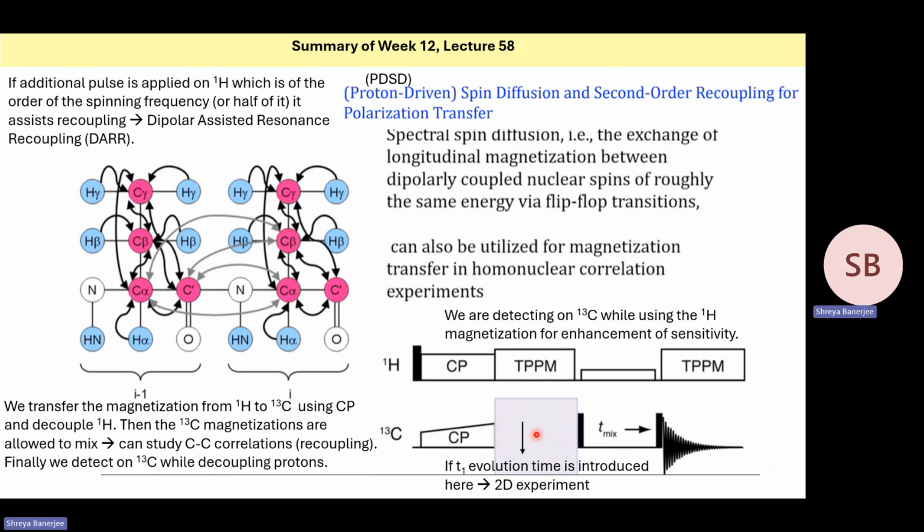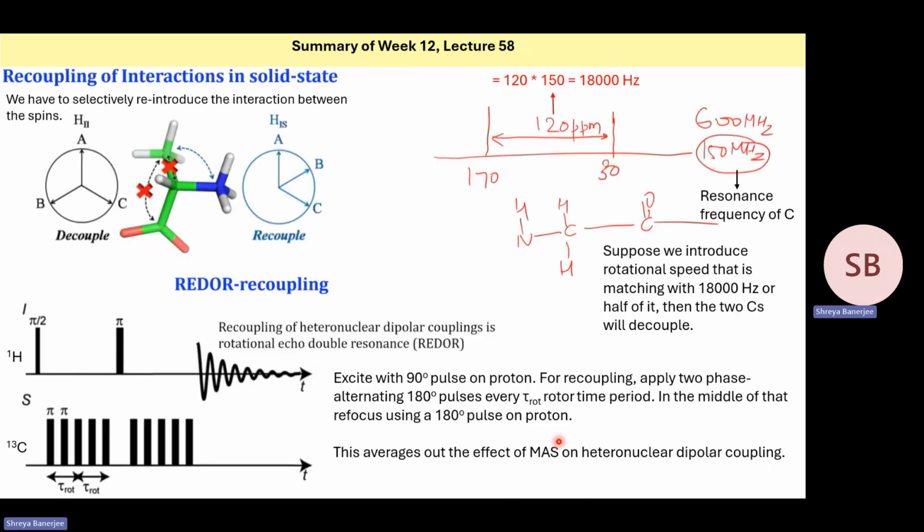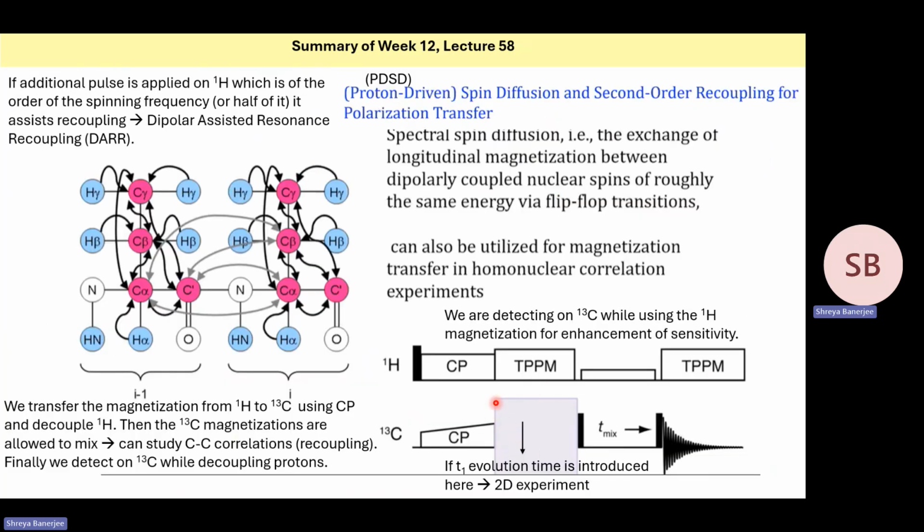This recoupling, introduced by adding the two phase alternating 180-degree pulses, enables a transfer of magnetization from hydrogen to carbon, from carbon to the next carbon, or from the carbon to another hydrogen. So we can now study the carbon-carbon correlations, because you are allowing this time for the 13C magnetizations to mix. Once the spins are diffusing, you are able to study the 13C correlations.